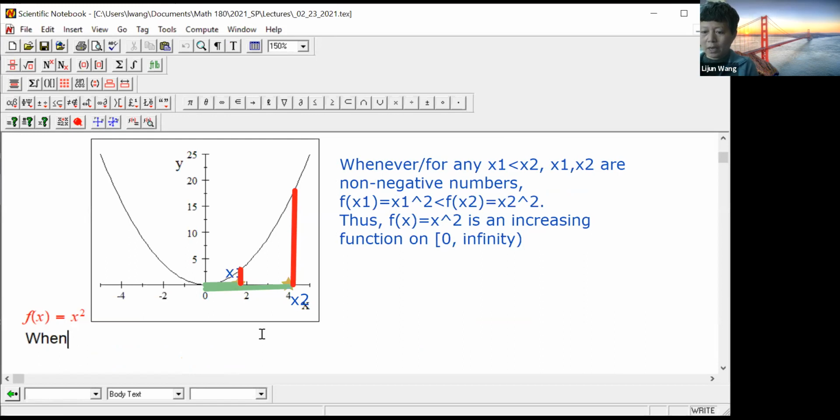Okay, so whenever x sub 1 is less than x2, and x1, x2 belongs to a certain interval.